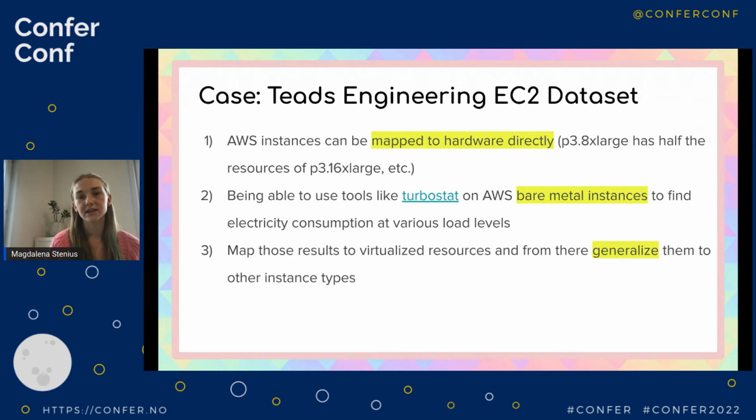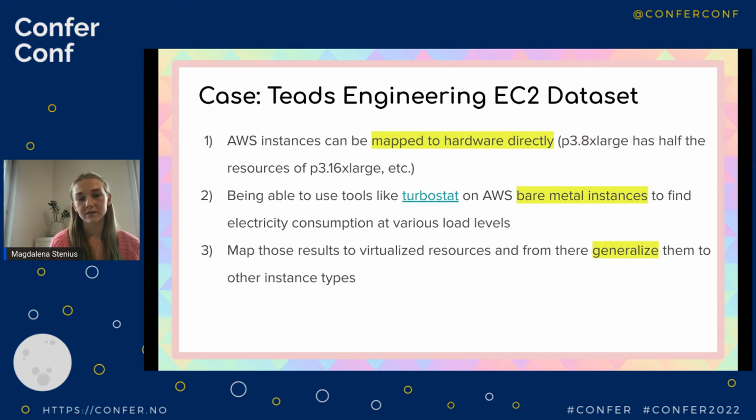And their sizing is also mappable, in a way that, for example, a P3.8xlarge is half of the physical resources of a P3.16xlarge, etc. Knowing this, they used tools such as Turbostat on AWS bare metal instances to find electricity consumption at various load levels, because contrary to regular AWS instances, bare metal instances actually do expose some of this information to the user.